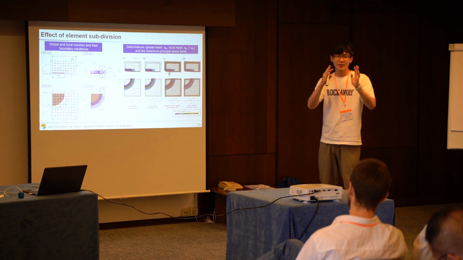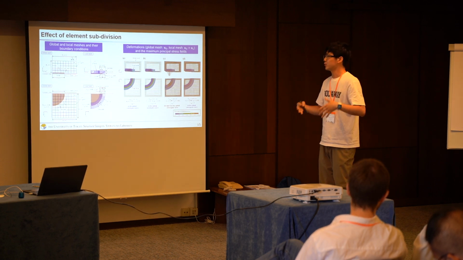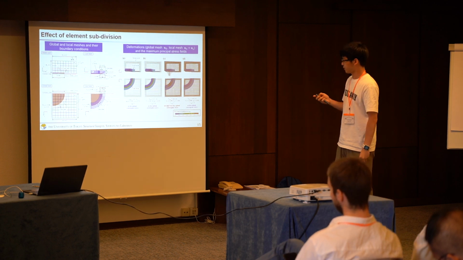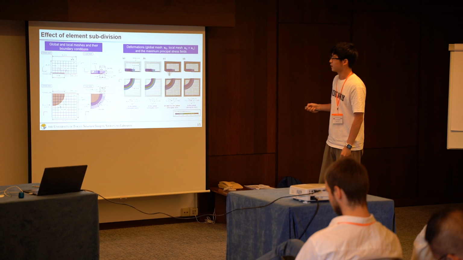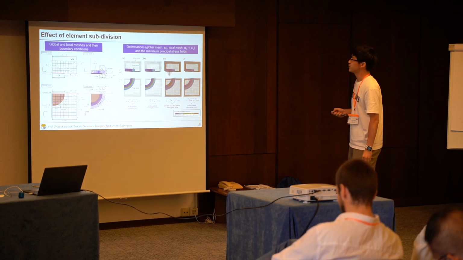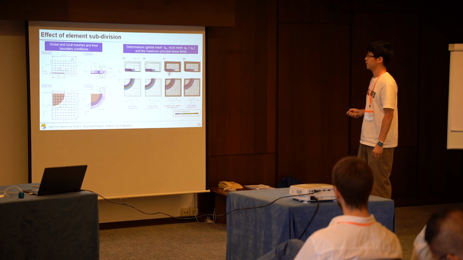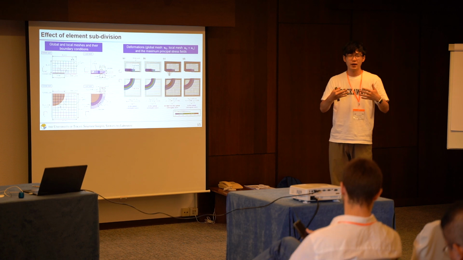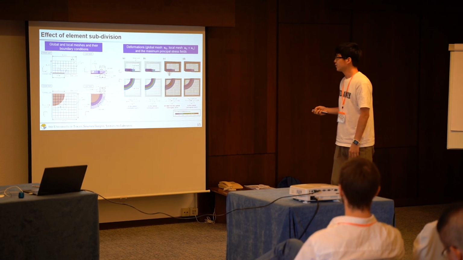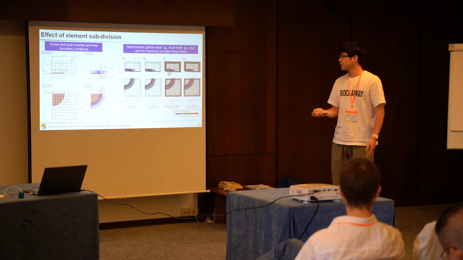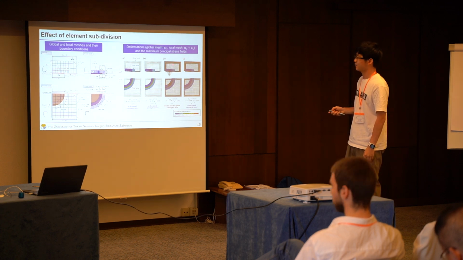After we establish the model, we need to investigate the effect of the element subdivision. These are the global mesh and local mesh we established, and these are the deformation and maximum principal stress field calculated with different numbers of recursion. You can see in this case, because of lack of integration points, the result is very bad.